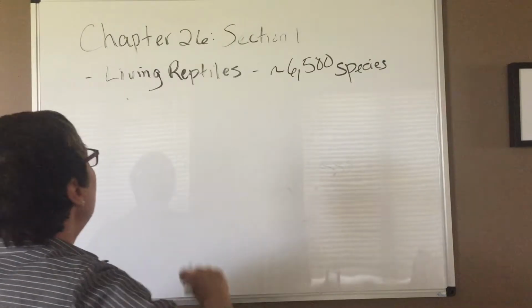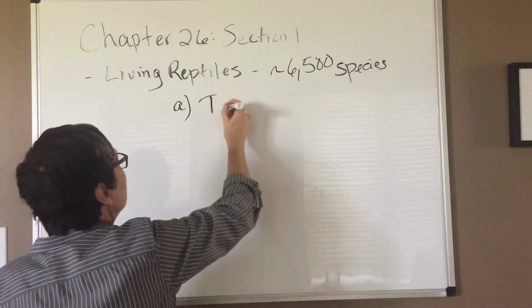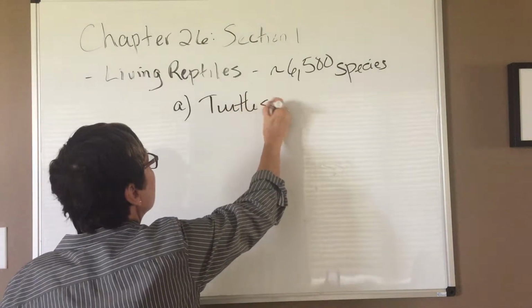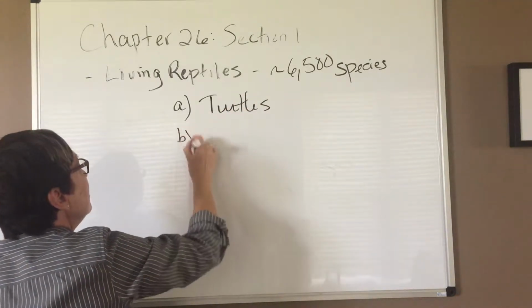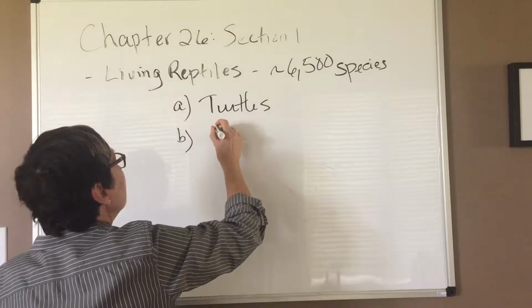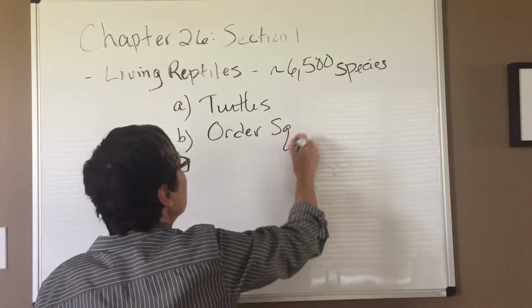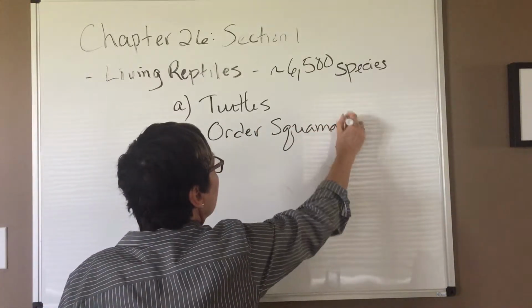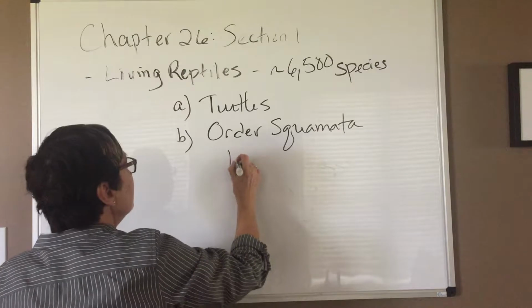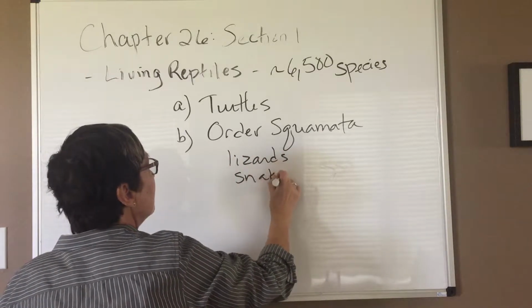So when we talk about reptiles, we are talking about turtles. We're also talking about a group, actually an order, Squamata, that includes lizards and snakes.